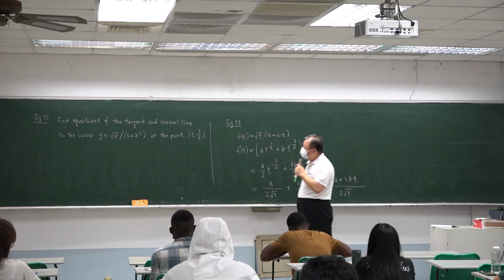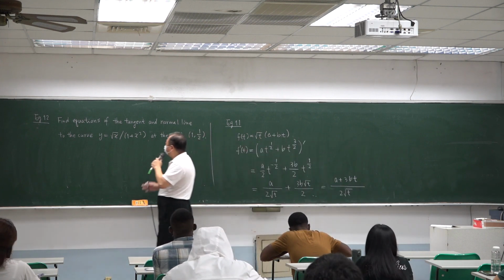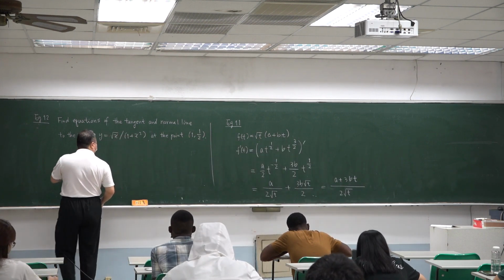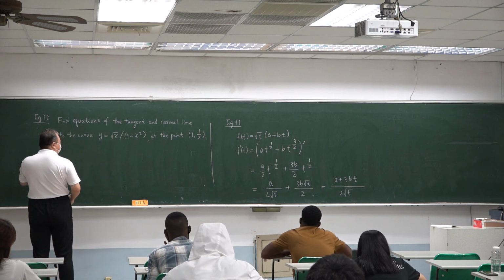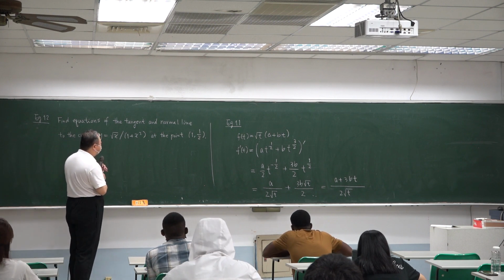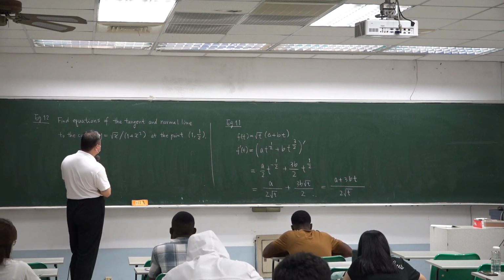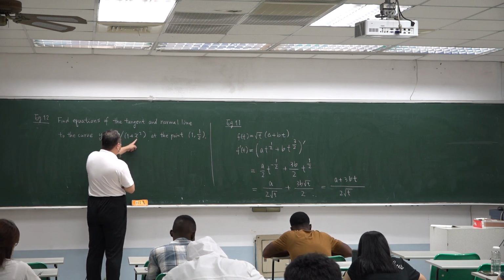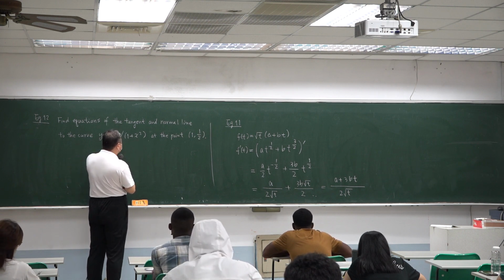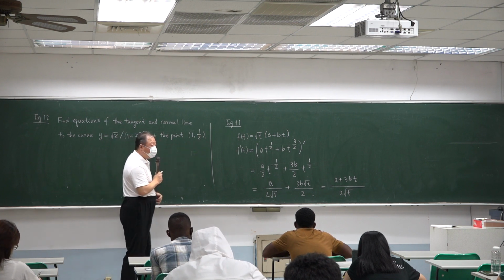Find equations of the tangent and the normal line to the curve at the point 1 and 1/2. If x equals 1, this is 1, this is also 1. 1 plus 1... yes, 1/2.